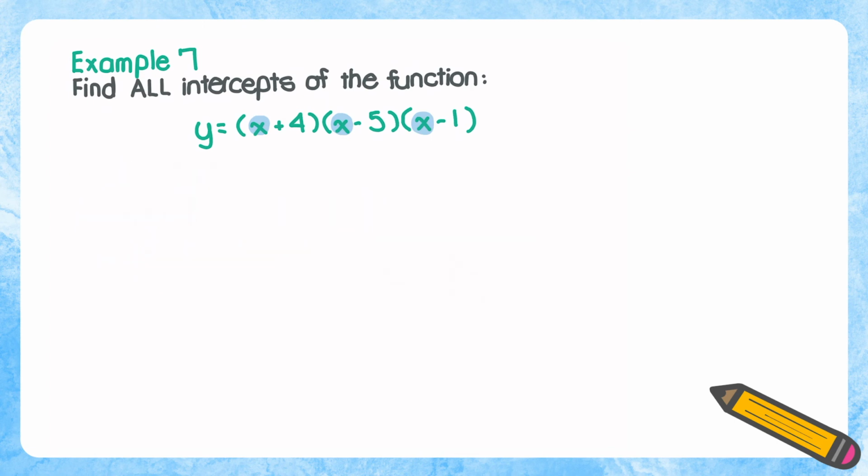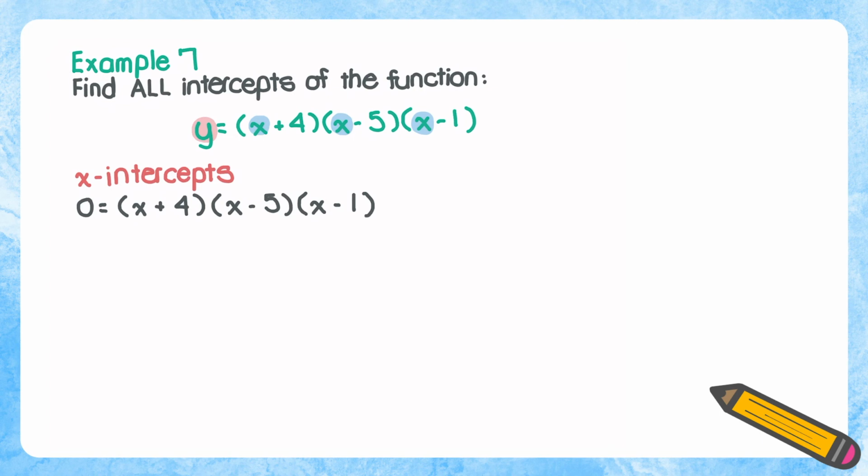Up next, let's find the x-intercepts of this function. So in the previous examples, we only had 2 x-intercepts. But here, we're going to have more. So to find the x-intercepts, we set y equal to 0. So we have 0 equals x plus 4 times x minus 5 times x minus 1.